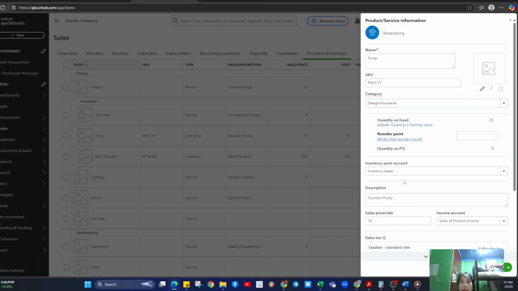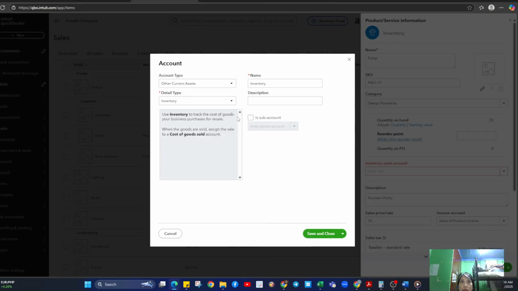And then we have the inventory asset. There's already a description. We could put here, like, if it's inventory asset account, but in terms of description, like inventory pump, right? Or make some sort of a sub account, so it will be easier.